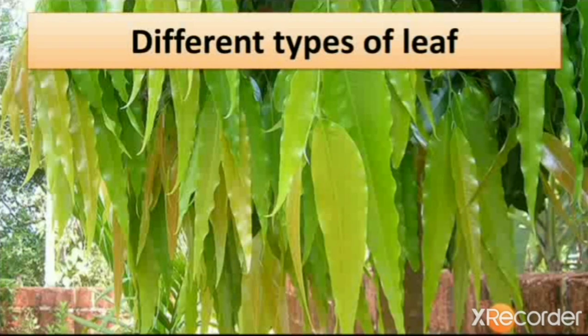So in further pictures we see the growth of leaf. Now let's see different types of leaf. Here I show you some leaf which we see in everyday life near us. So this is a leaf of Ashoka tree which we use in decorating our house.